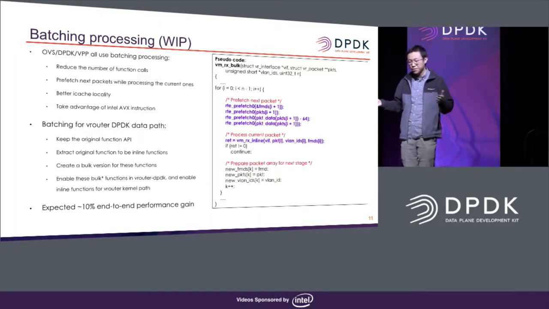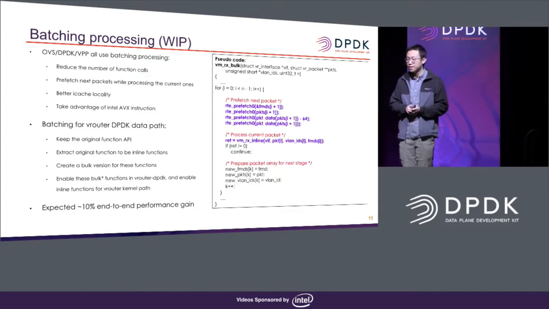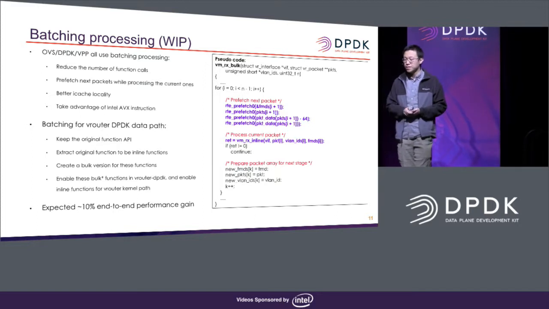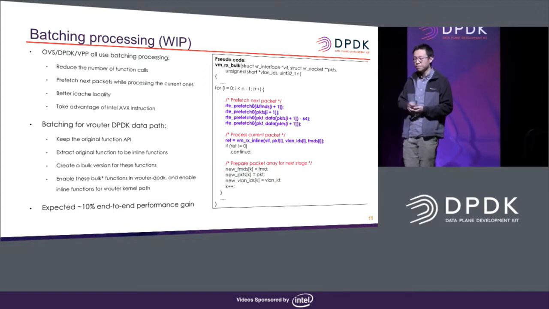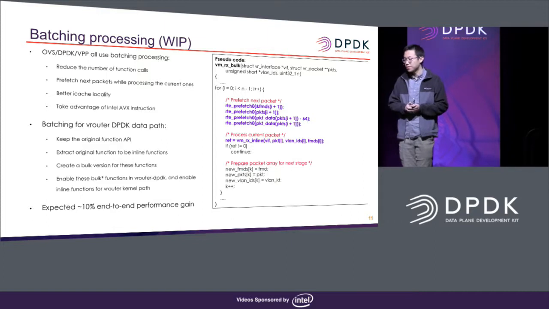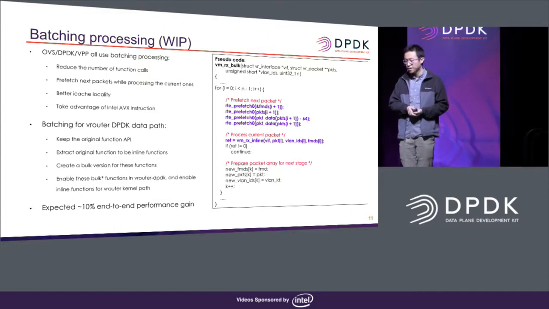OVS does batching, and VPP does even larger batching, so we think we should do the same thing on Tungsten Fabric. There are some implementation details, like how we POC batching from the RX side of Tungsten Fabric. The pseudocode shows that we should prefetch the next packet when we process the current one.